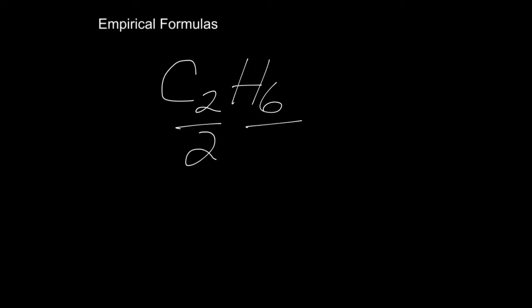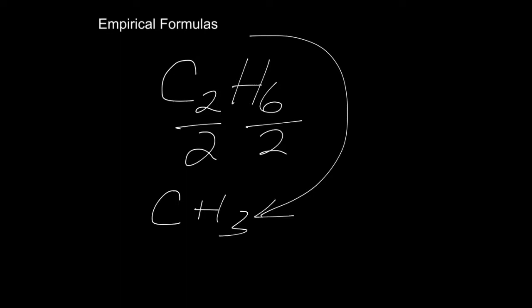So if we have something like C2H6, which is ethane, if we take that and reduce it down to its lowest whole number ratio, the best way to do that is to divide by 2 in this case, and we'll end up with C1H3. So that is the empirical formula of C2H6. So having that in mind, that's a key concept to get down.